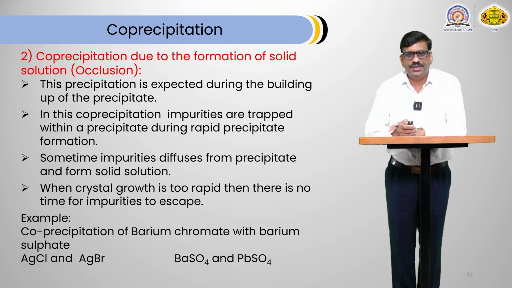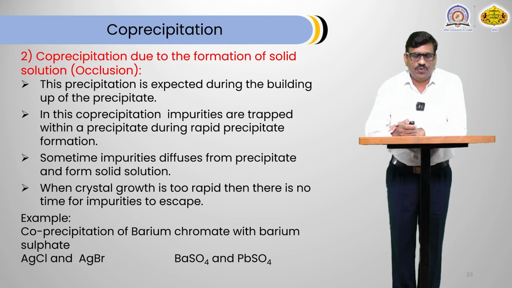Sometimes impurities diffuse from the precipitate and form solid solution. When crystal growth is too rapid, then there is no time for impurity to escape. That's why we have to use dilute solution. We have to add the reagent at slow speed to avoid all these things.